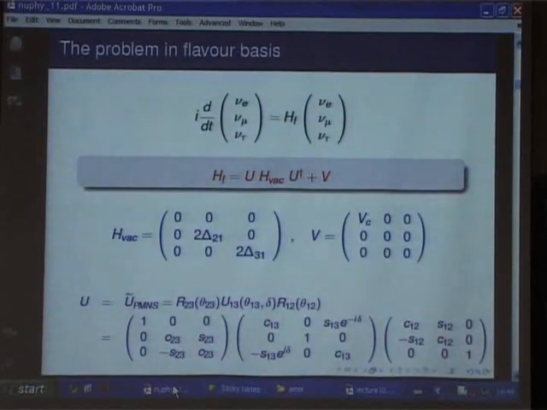So the Hamiltonian is U H hat U dagger plus V, where H hat is this quantity which we just wrote down, and V is the matter potential. U here is this unitary matrix. I don't care about all the phases, throw them away. But it still has all these things, so it's a rather big matrix.